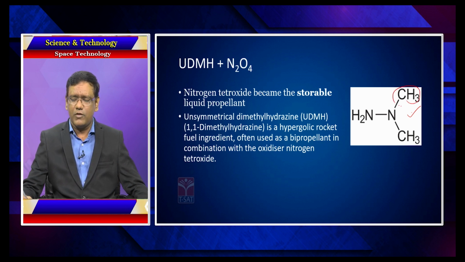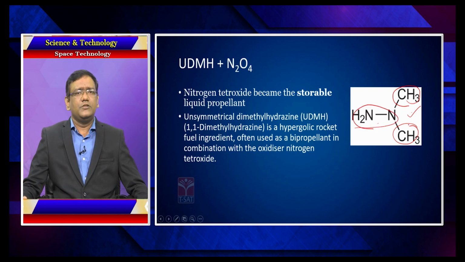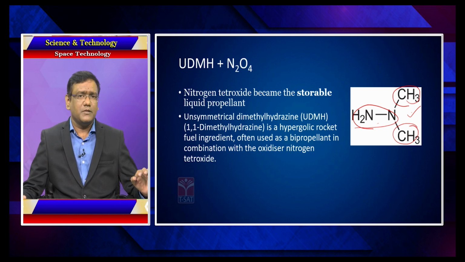Dimethyl means there is one methyl and another methyl, two methyl groups, and this is a hydrazine. It is a hypergolic rocket fuel ingredient, often used as a bipropellant in combination with an oxidizer, nitrogen tetroxide. So UDMH plus nitrogen tetroxide, N2O4, is the fuel.